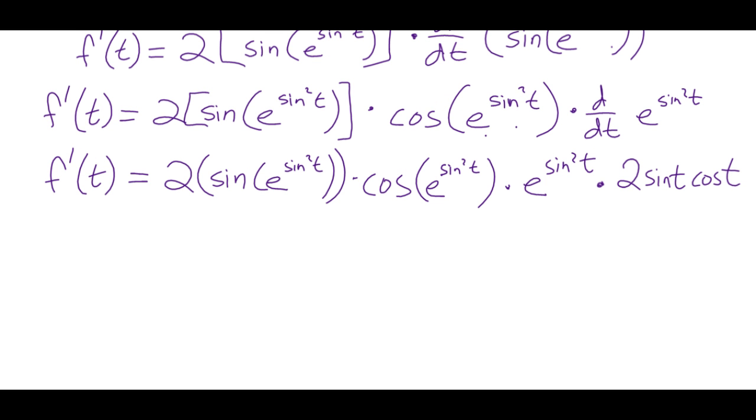And we just got to put it all together, right? So 2 times 2 is 4. And we've got this, so we've got sine, actually I don't need a bracket on the front of that now, do I?